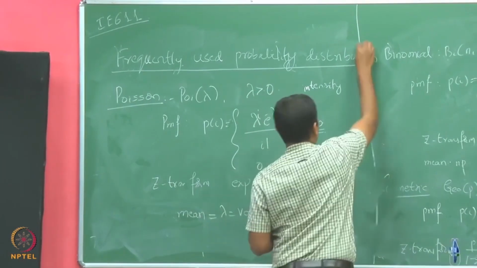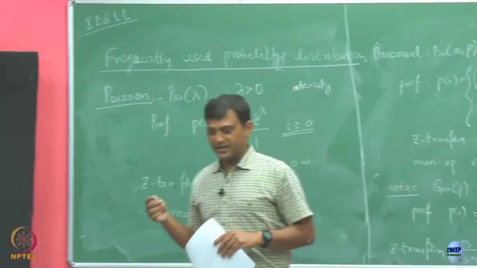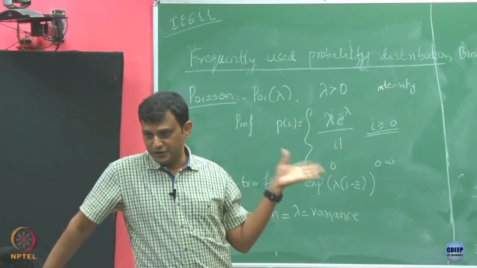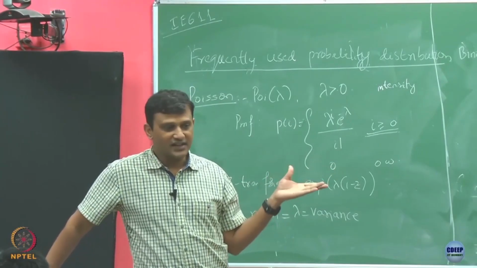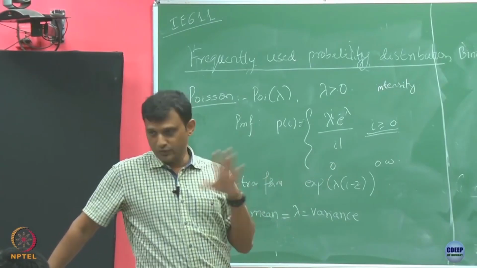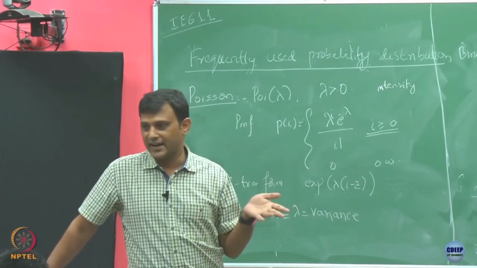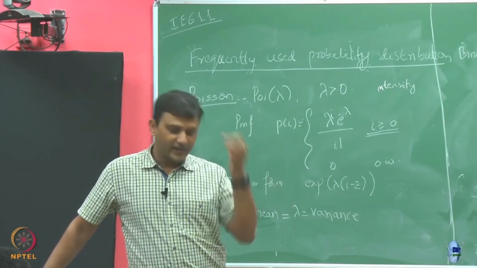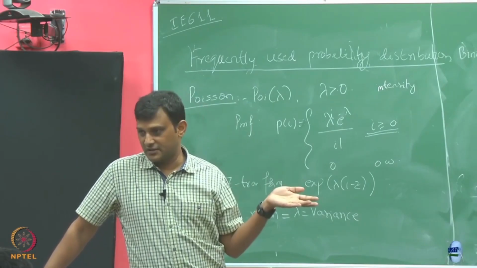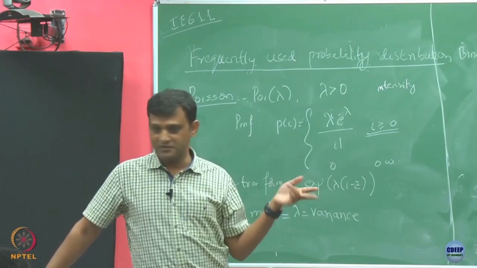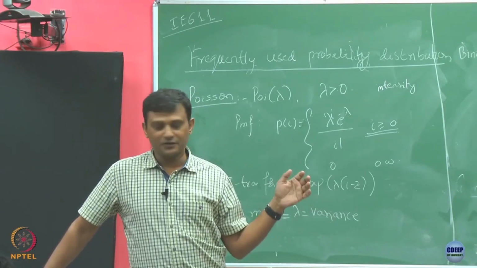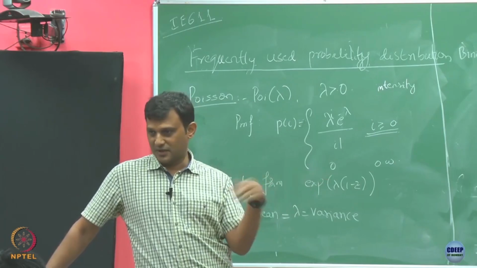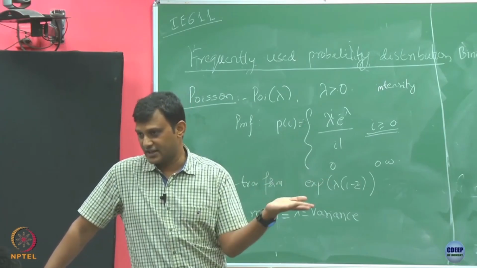So it depends on the application. I have just listed some set of distributions here, and it's not necessary that whatever you want to model, geometric is the best. It depends on the application. For something, maybe geometric is not perfect, but the best thing I can go for, the nearest realistic approximation.